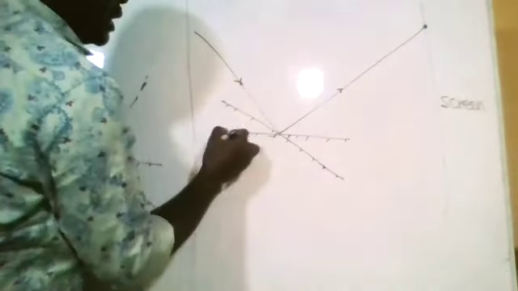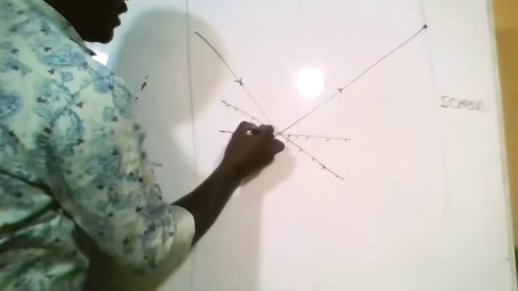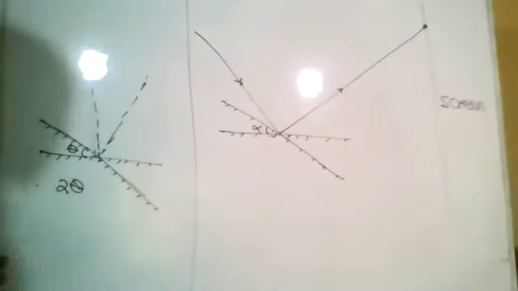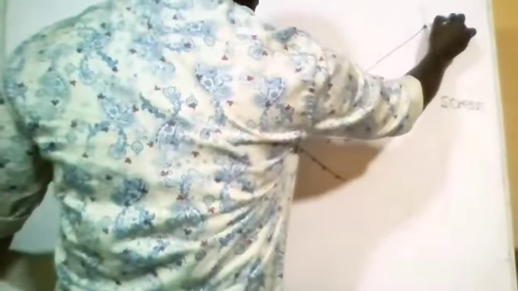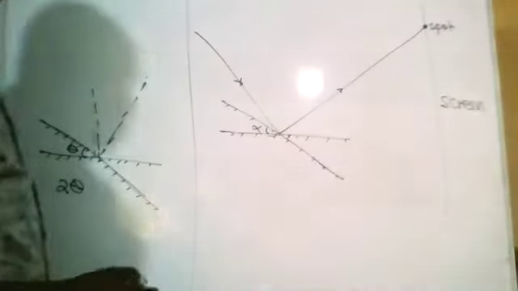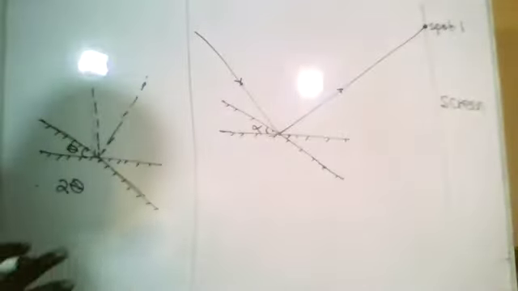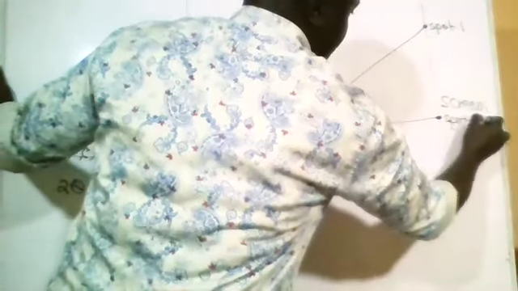So this is a rotation. After rotation alpha, another spot is created below the first spot. This is the first spot, spot 1, when the mirror is not rotated. Then after rotation, a second spot is formed. This is spot 2, after rotation of the mirror.